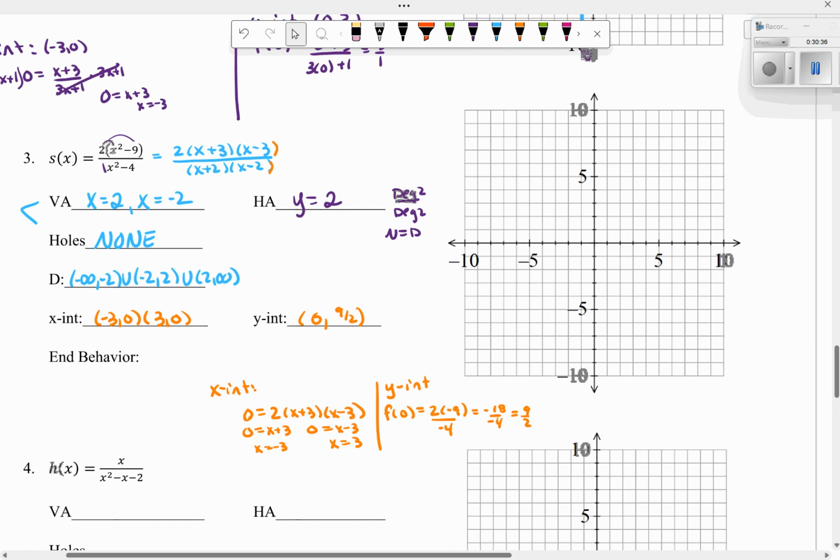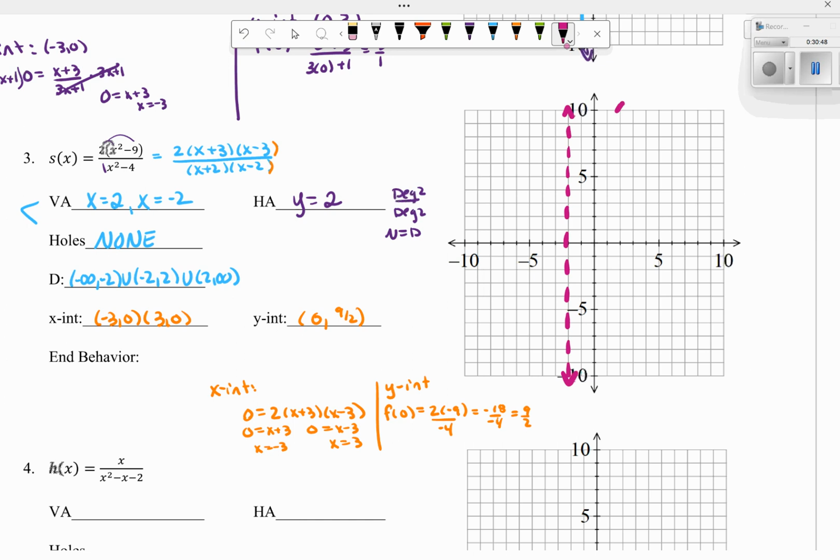So on my graph, I have a vertical asymptote, 2 of them. So we have vertical asymptotes at negative 2 and positive 2, and then at y equals positive 2 for the horizontal asymptote.